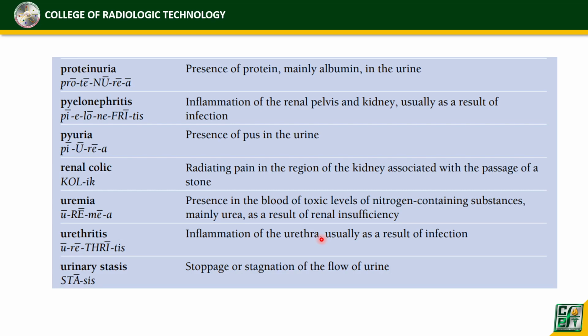Then pyuria, presence of pus in the urine. Then renal colic, radiating pain from the region of the kidney associated with the passage of a stone. Uremia, presence of toxic levels of nitrogen-containing substance, particularly urea, okay, as a result of renal insufficiency.